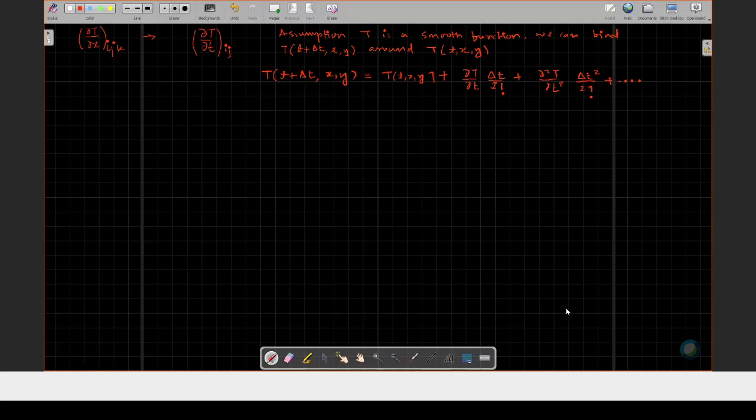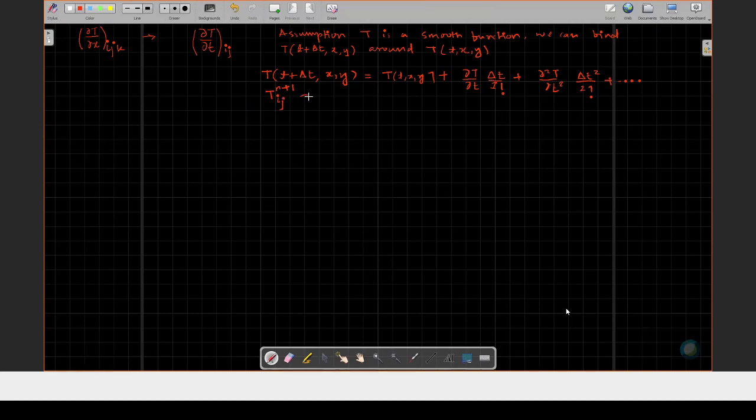Now here we can represent t as n, and t plus delta t will be represented as n plus 1, and x and y will be represented as i, j.